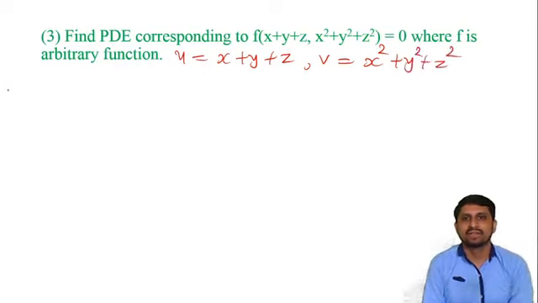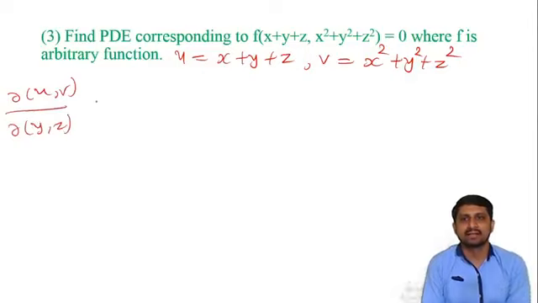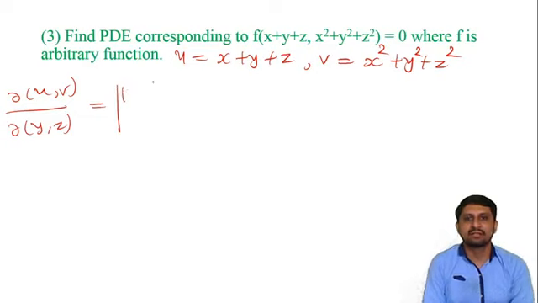So the first Jacobian determinant that we know, del u v by del y z, is equal to del u by del y, that is 1. Del u by del z, that is also 1. Then del v by del y, that is 2y, and del v by del z, that is 2z. So that is equal to 2z minus 2y.